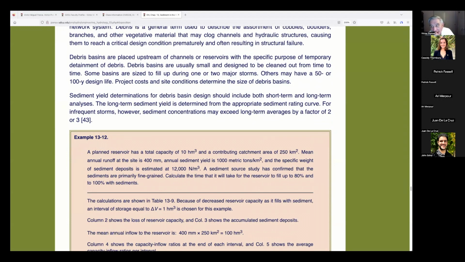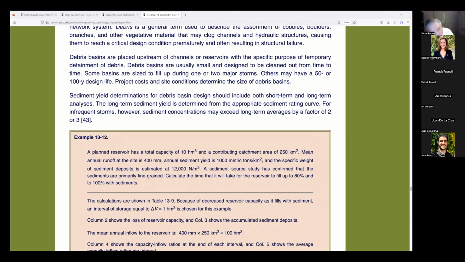What they're saying is this, that you better be careful, because if you have long-term data, by the time you're actually looking at an event like the Miracle March in Santa Barbara, you would have to consider that you could have a possible error in the sediment transport by a factor of 2 or 3.